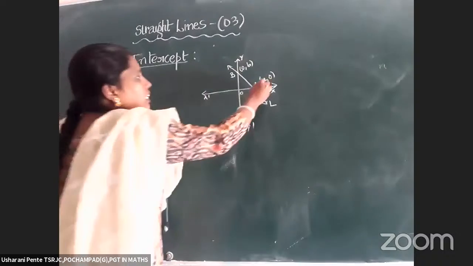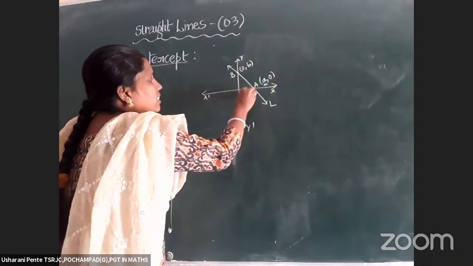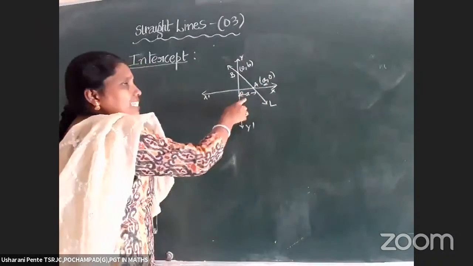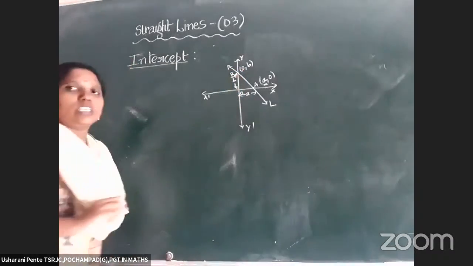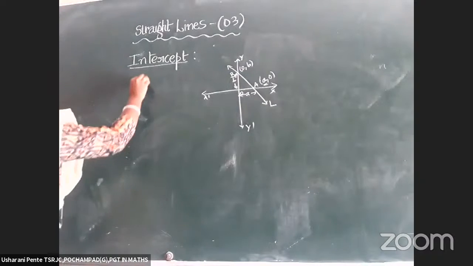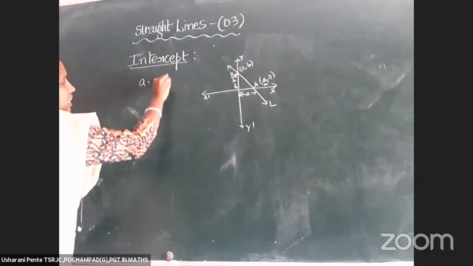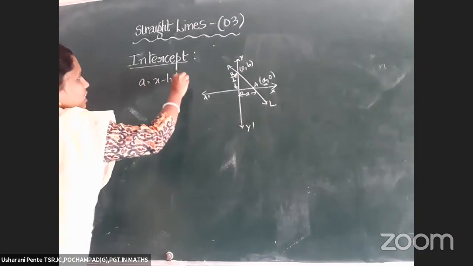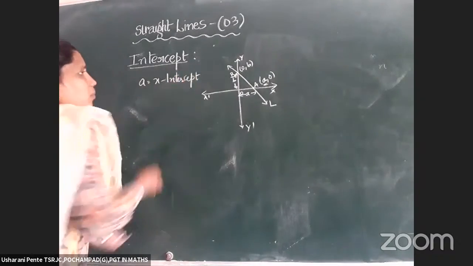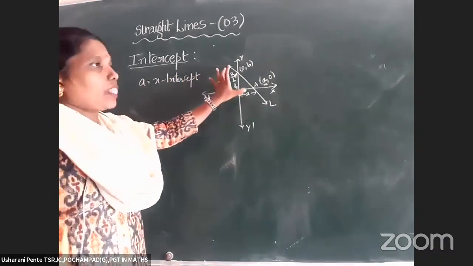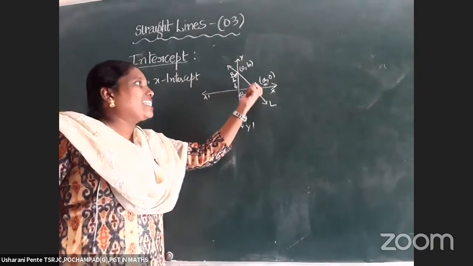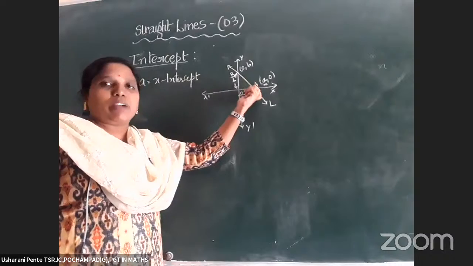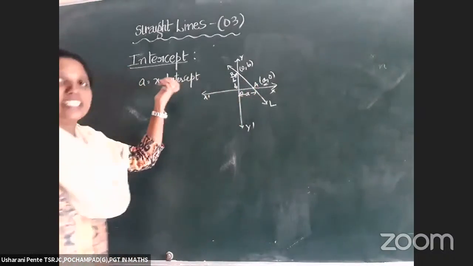Therefore, this distance A is called the x-intercept, and this distance B is called the y-intercept. What is the x-intercept? The point where the line touches or intersects the x-axis is the x-intercept.